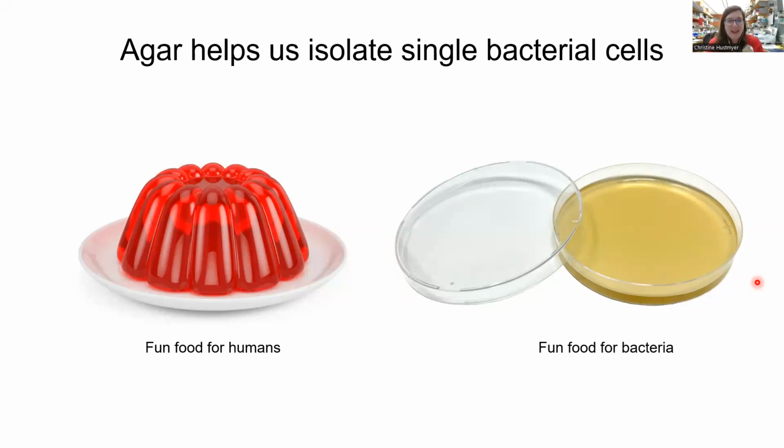A good way to think about it is if you have ever had Jell-O, it's kind of fun to play with, it's super jiggly. Jell-O you make by mixing a bunch of components together with some really boiling hot water, and then as it cools, it solidifies into this sort of Jell-O material. That's the same thing that agar is, right?